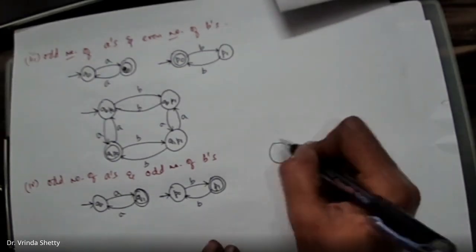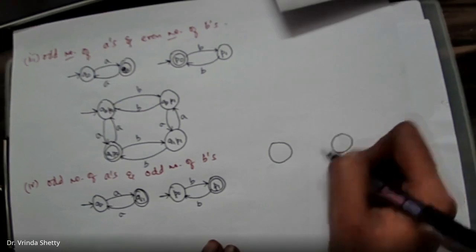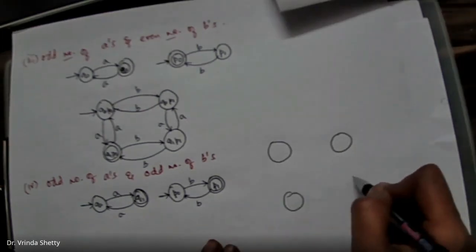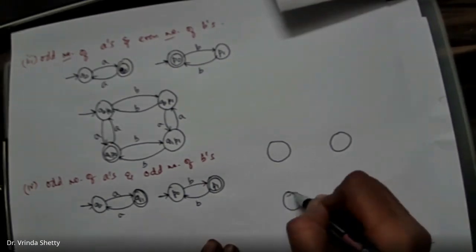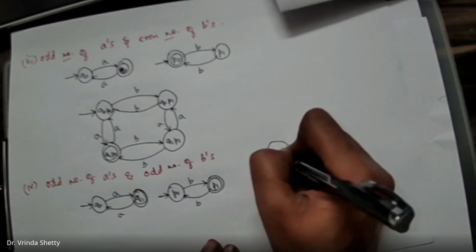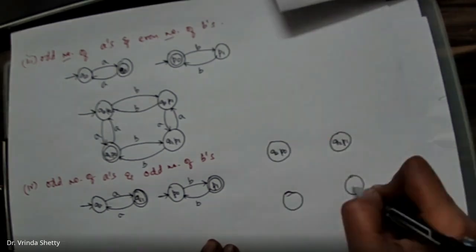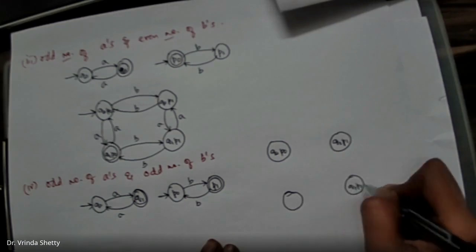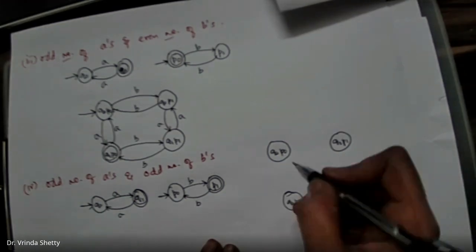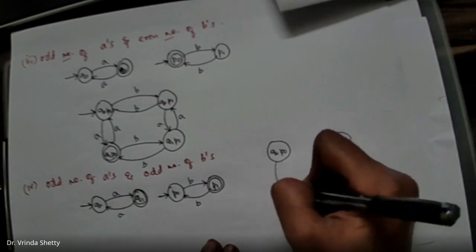Similar to our previous example, the same four states: Q naught P naught, Q naught P1, Q1 P1, Q1 P naught.